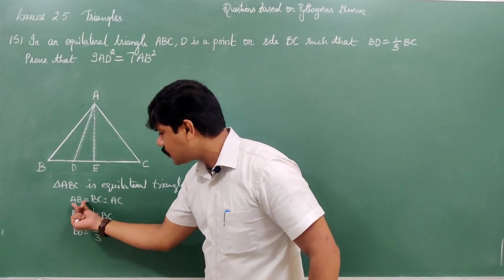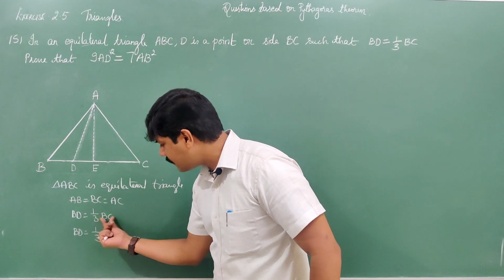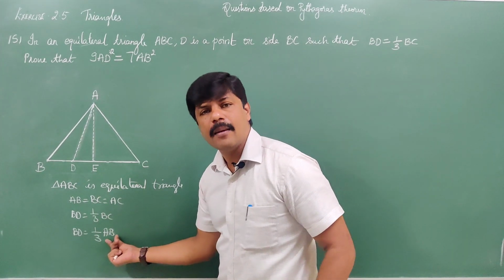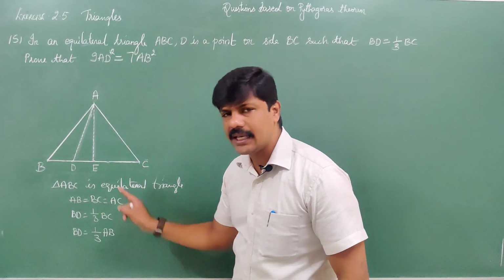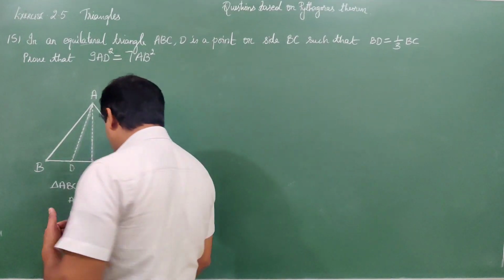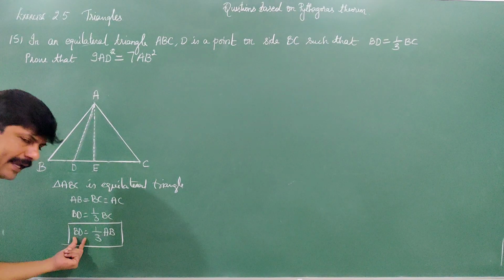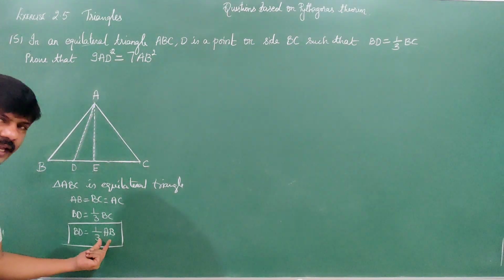Therefore, BC is equal to AB, AB is equal to AC, and AC is equal to BC. Here, in place of BC, I have taken AB because ABC is an equilateral triangle. This one point is to be noted very carefully. So BD is equal to 1 by 3 AB.